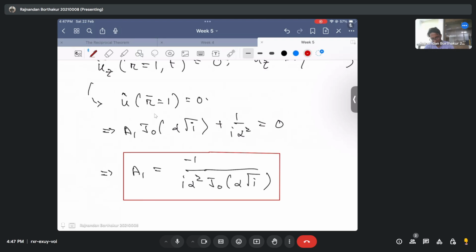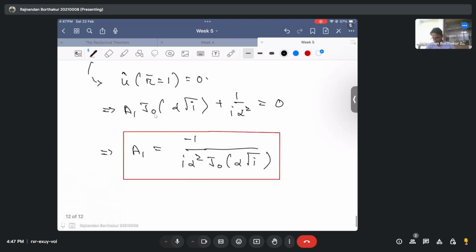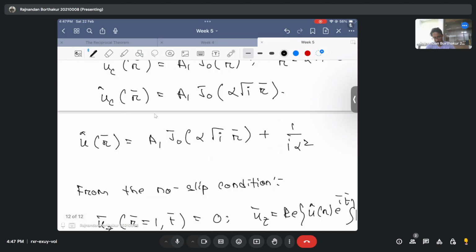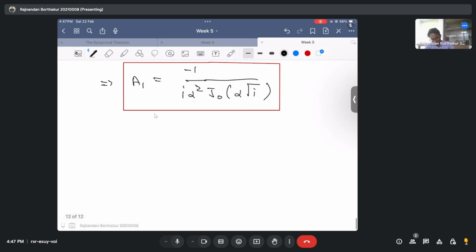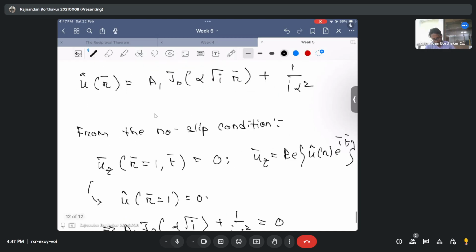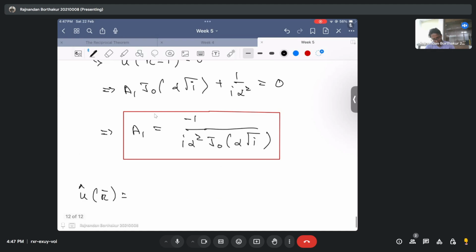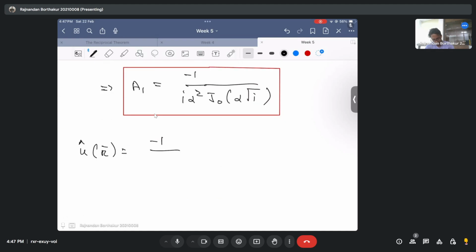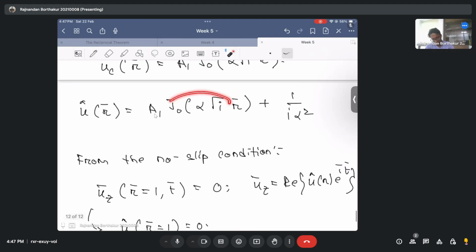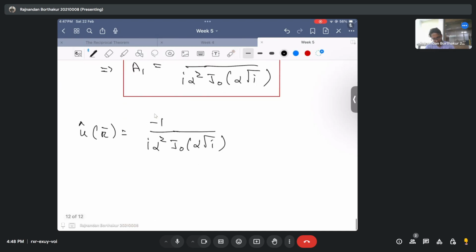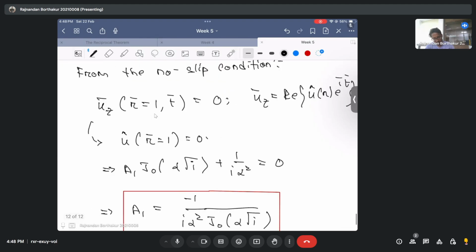Okay. So this means that my complete solution is like this. So my u hat of r bar is a1, and my a1 is basically this. So it is minus 1 by i alpha squared J0 of alpha root i times J0 of alpha root i r bar, plus the particular integral, which is 1 by i alpha squared.